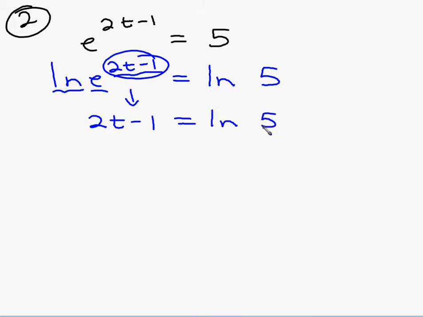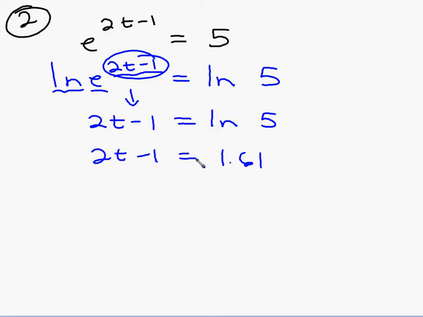Now, all you have to do here, maybe to keep your brain from frying, is go ahead and figure out what the natural log of 5 is. If you do the natural log of 5, you find out that it's 1.61. And now it's just a regular algebra equation, right?